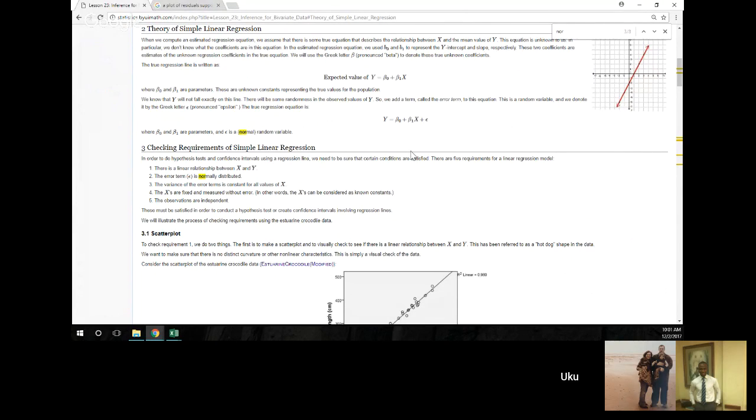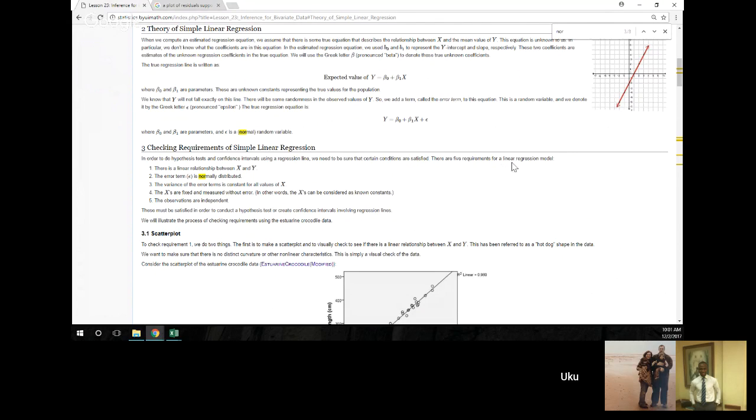Can you see my screen? Yes. Okay. So right here. Number 3. Yeah. So if these things are not met, in order to do hypothesis tests and a confidence interval using a regression line, we need to be sure that certain conditions are satisfied.